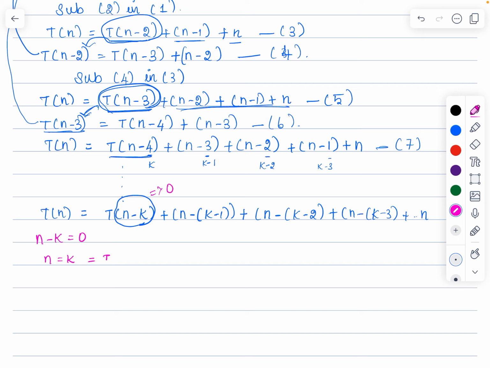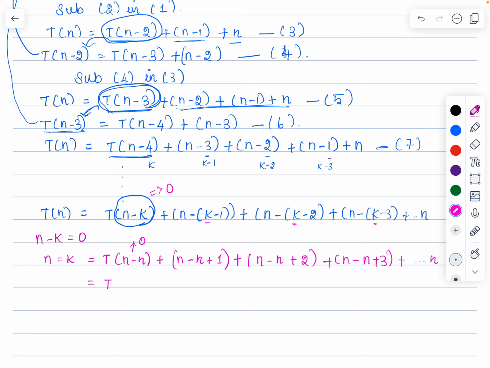So T of n minus n, which means this became 0, plus, again in all the cases, in the place of k you substitute n, you multiply it inside, minus into minus, plus 1, plus again n minus n, plus 2, plus n minus n, plus 3. We would keep on going like this till some n, right?